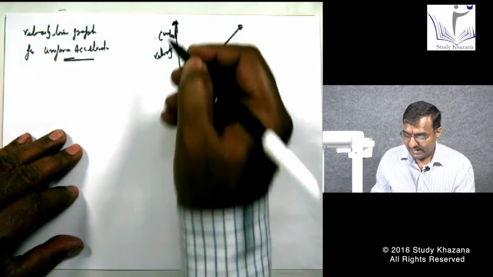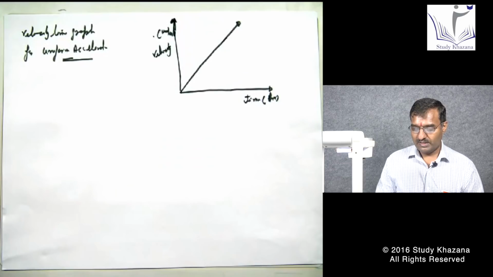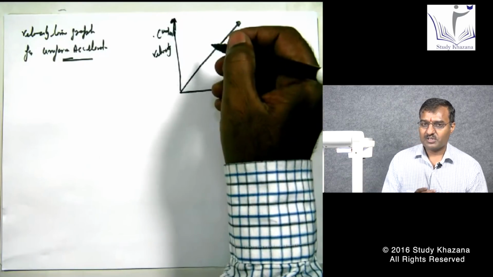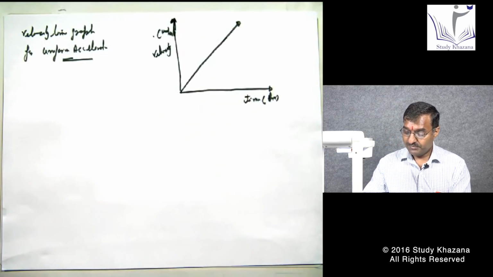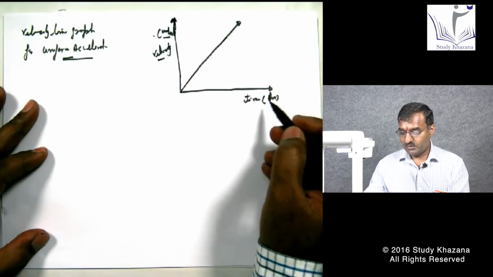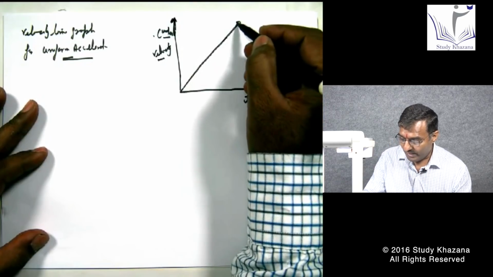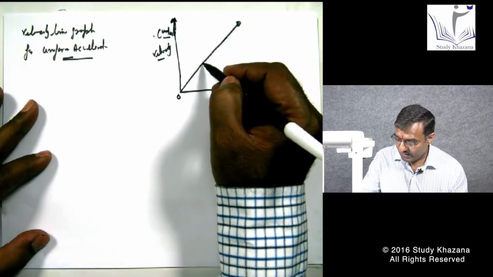As we have seen in uniform motion, the graph of distance with time comes to be a straight line. Again here it is the same, the change in velocity with respect to time. But what can we find here?